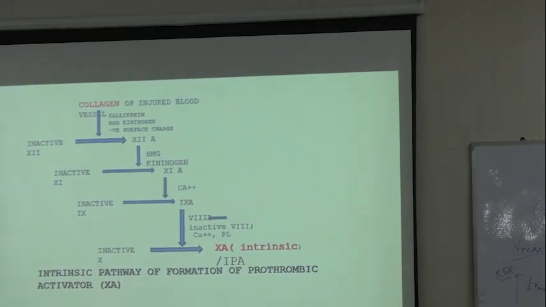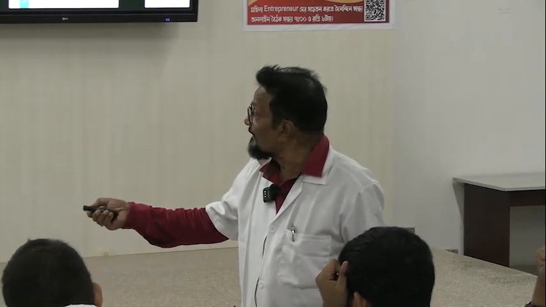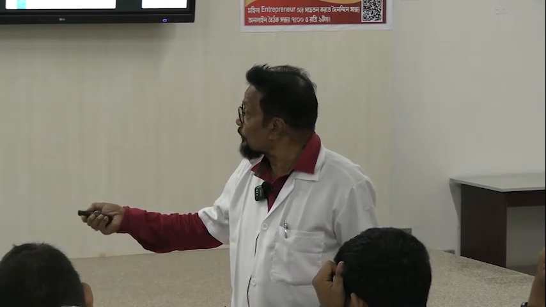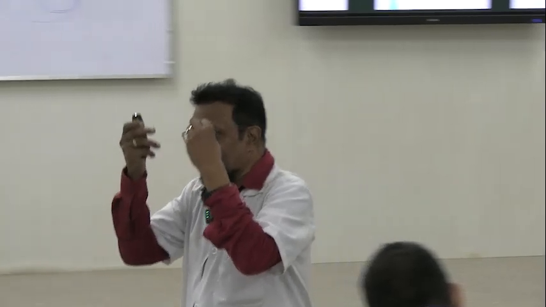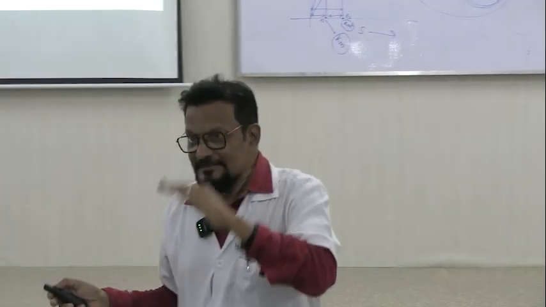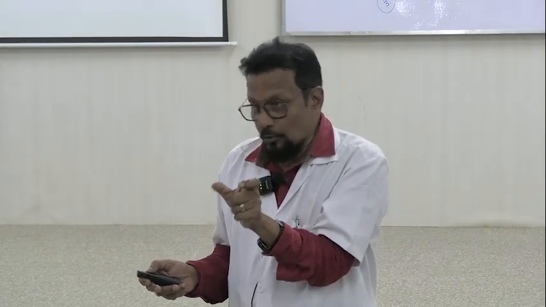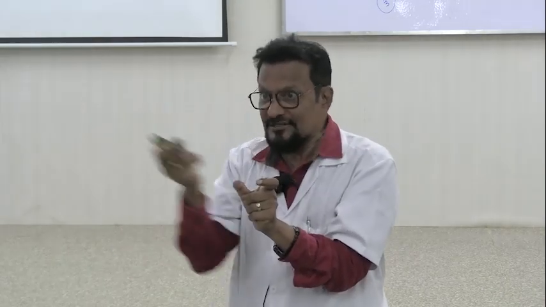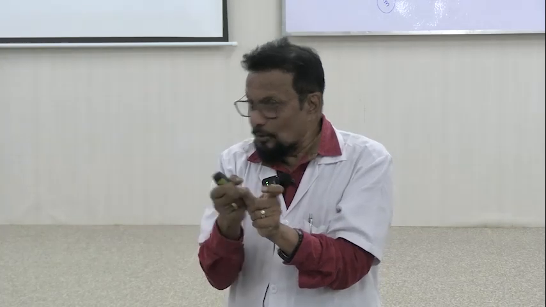When it is activated, we don't say Stewart factor A; we call it prothrombin activator. 10A means prothrombin activator. So our intrinsic pathway is over. The intrinsic pathway is up to this. The same 10A will come from the extrinsic path. Then both these products, the same product, will participate in the next phases.